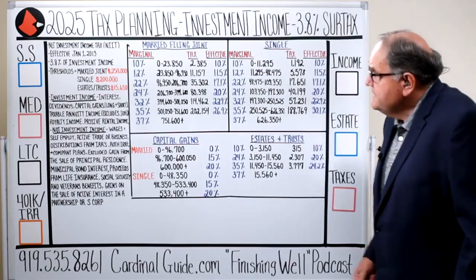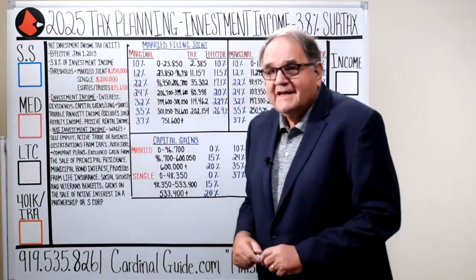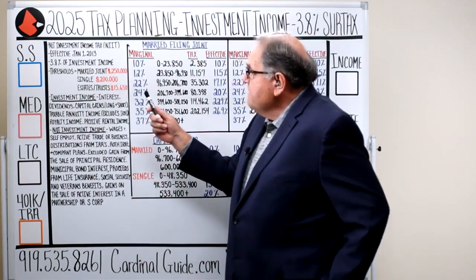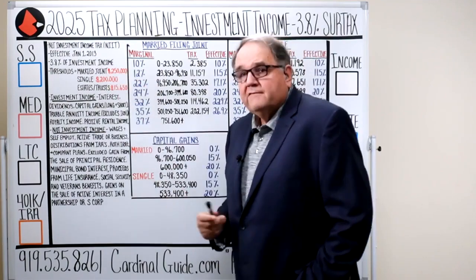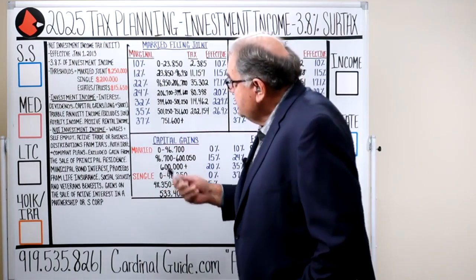Okay, so this net investment income tax, and the acronym is NIIT, we try not to use too many acronyms on the show. It started January 1st, 2013, and was used to do some or all of the financing for the Affordable Care Act, the health insurance bill, and it's been in place since.